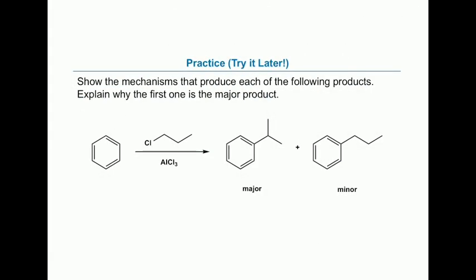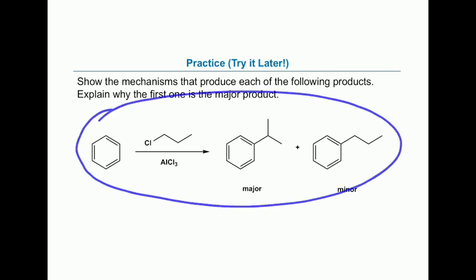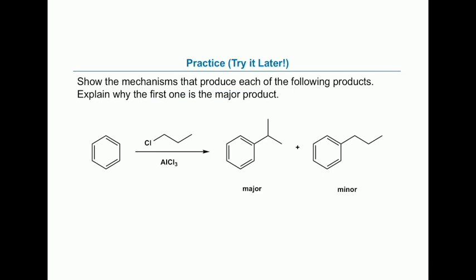Okay, what's up, guys? All right, so we're going to talk through the mechanism to make each of these products, as we mentioned, talking through why this becomes our major product. So in this reaction, the first thing we have to do is make the electrophile. With all of the aromatic substitutions, we have to create the electrophile that's going to be responsible for this reaction first.